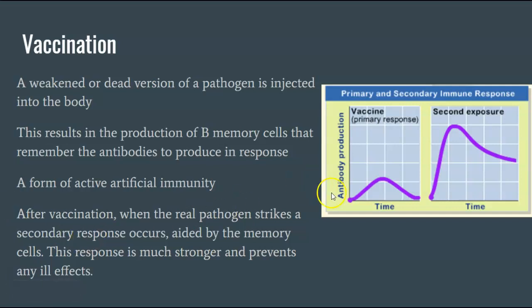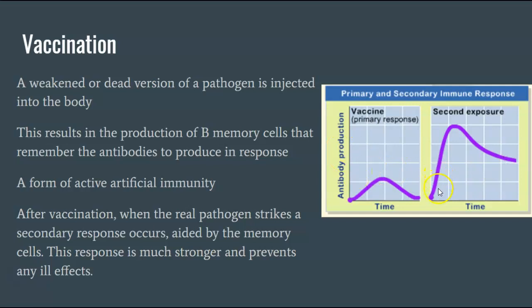So that means that when you get the vaccine, you do have a response, and usually you might feel it. Maybe you feel a little sick or just not as good as you normally do. And then if you actually get infected, the time to hit that immune response is so fast.